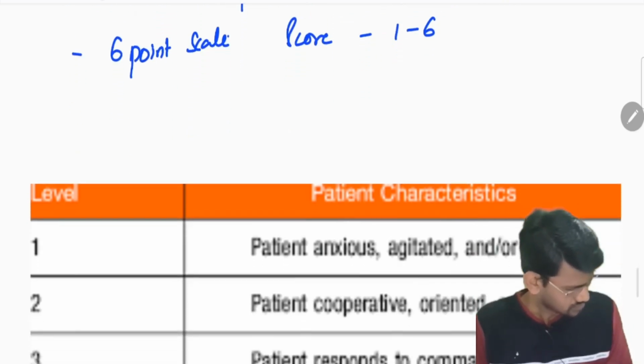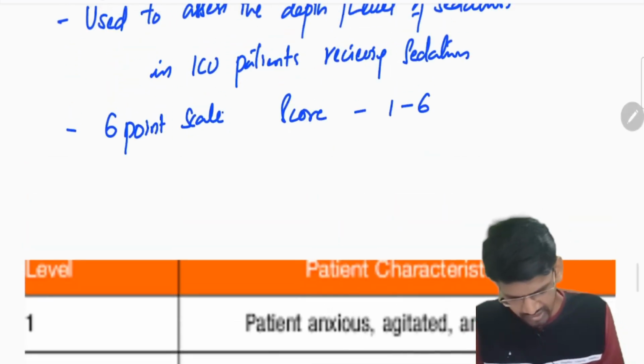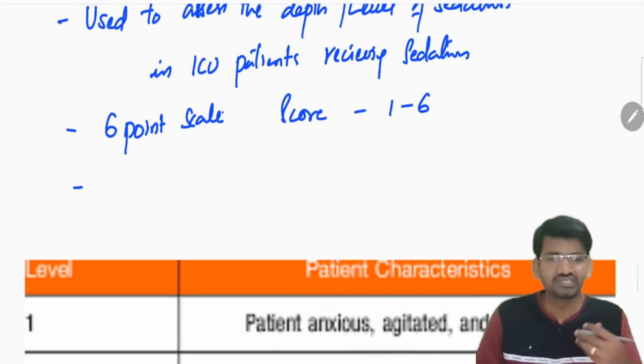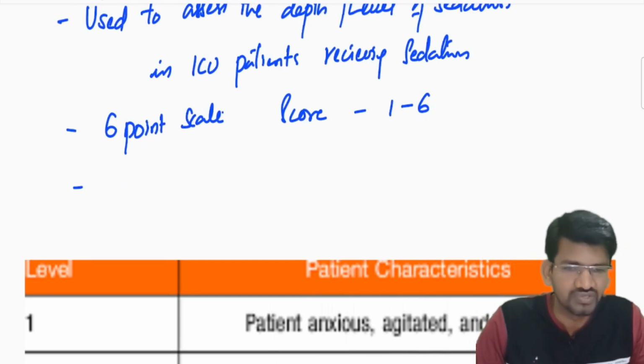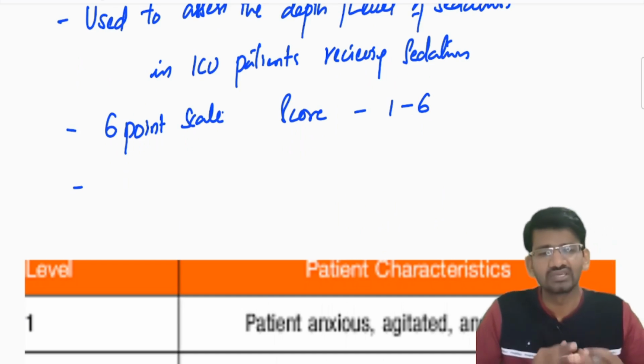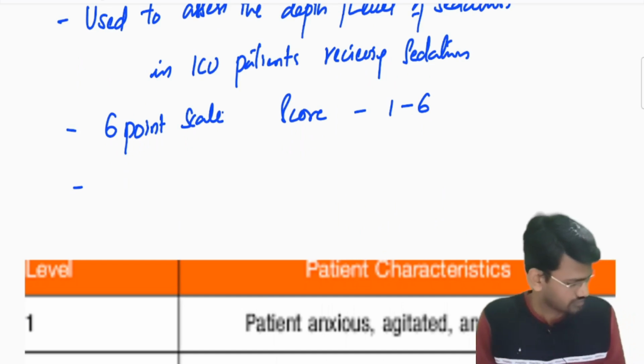Okay, so what we do here is give some commands, meaning a stimulus is given to the patient, and based on how the patient responds to the stimulus, they assess the level of sedation.